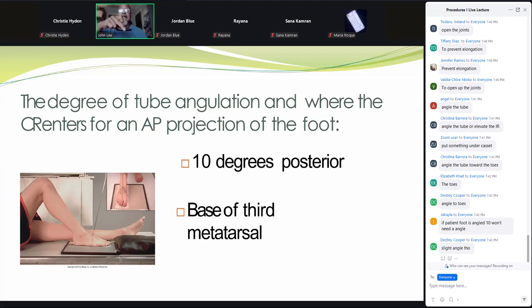It sits at 90 degrees to your CR. So however the foot is sitting, you match it so that they're parallel. That will give you the angle that you need, because what you want is the CR coming in perpendicular to the long axis of the metatarsals.